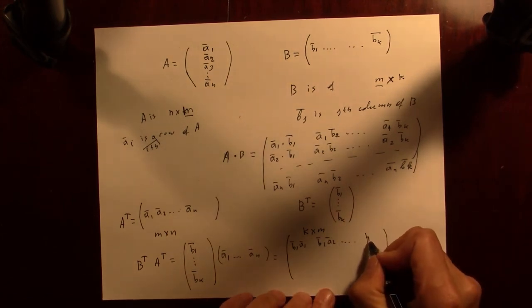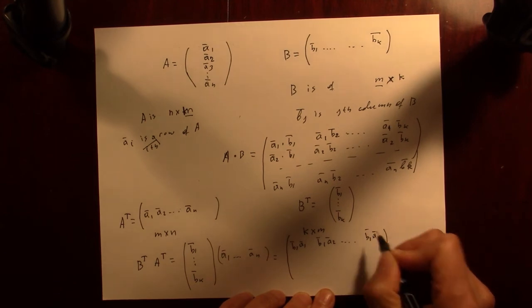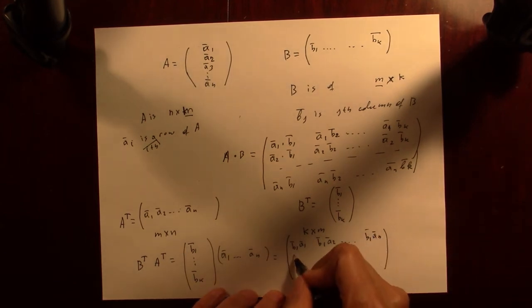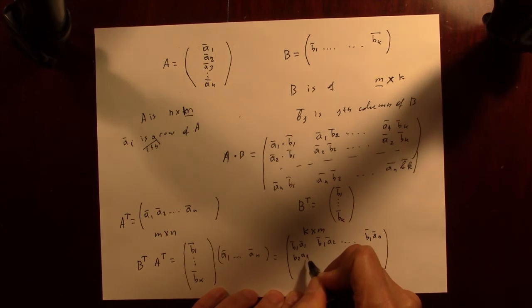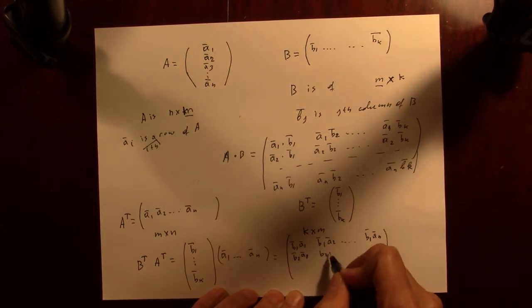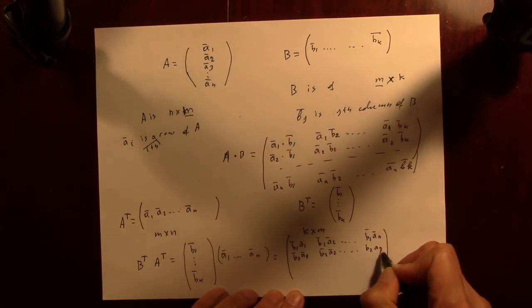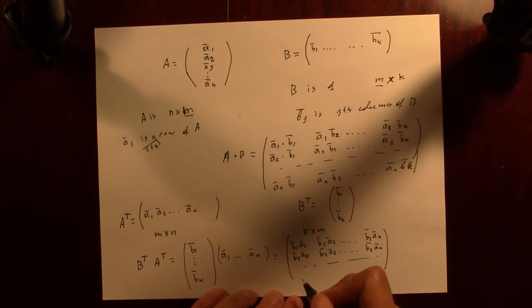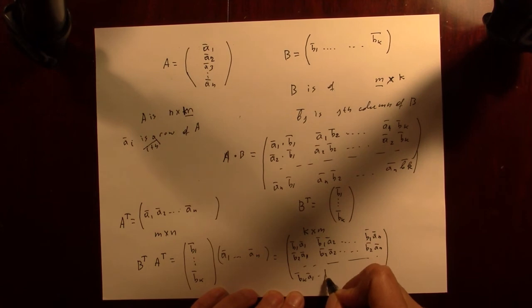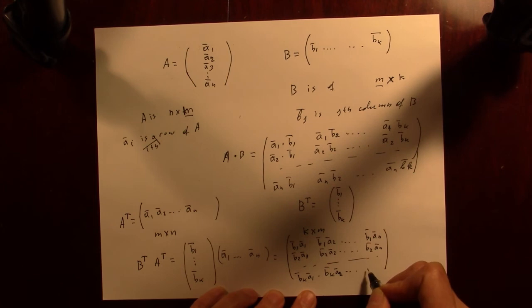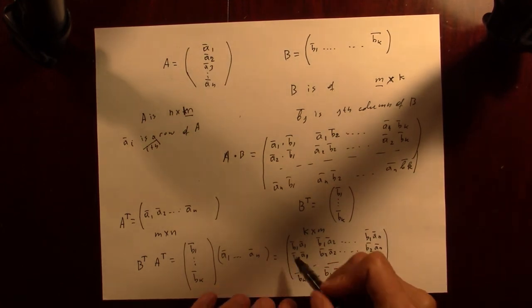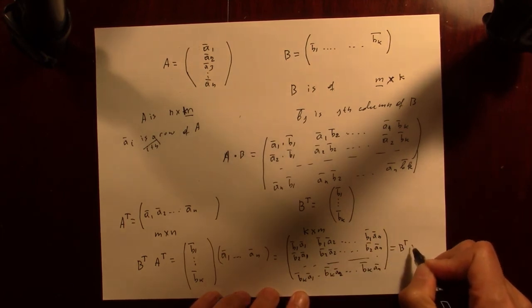The last one is going to be B1 times An, next is B2 times A1, B2 times A2, and so on, B2 times An. The last row is going to be BK times A1, BK times A2, and BK times An. So that is going to be B transpose times A transpose.